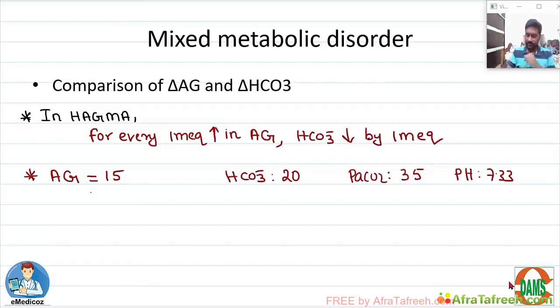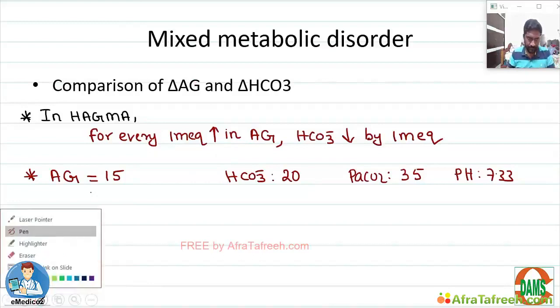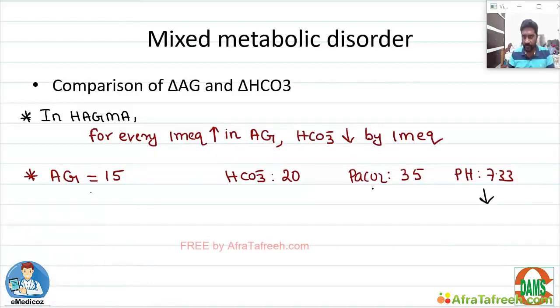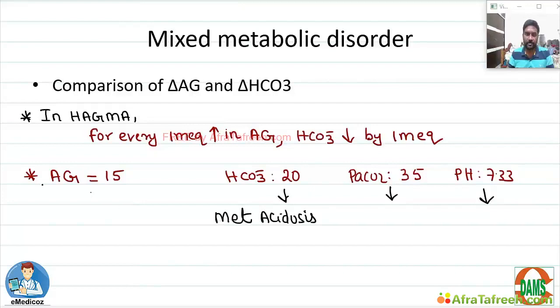If you see this, it is very simple. pH has decreased, CO2 has decreased, bicarbonate has decreased. Any decrease in pH is acidosis. The change in pH with respect to the parameter is in the same direction, so no doubt it is metabolic acidosis. So there is high anion gap. If you take normal anion gap, 8 to 12 is the range.